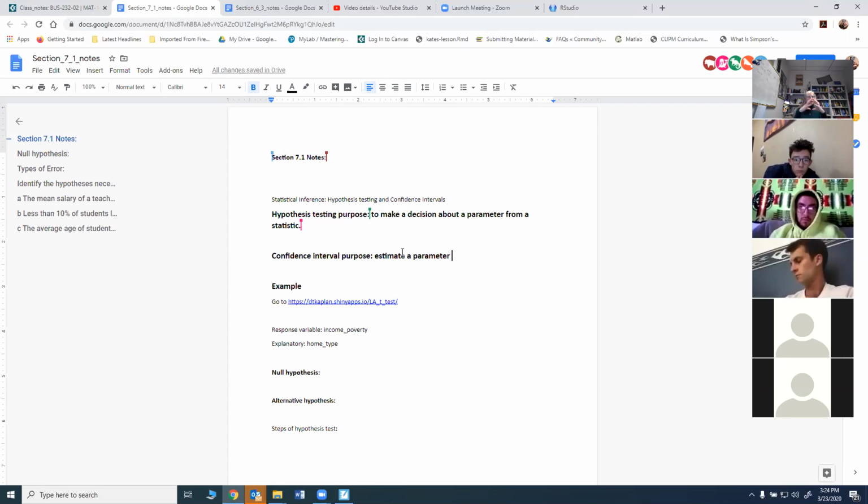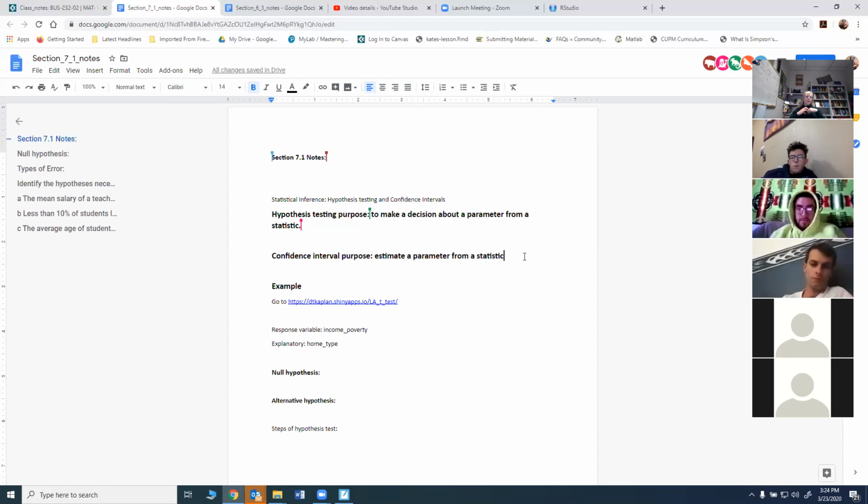Remember, a parameter is a number from a population. A statistic is a number from a sample. So we're going to take our little tiny sample to tell us what the big one's doing. And a confidence interval's purpose is to estimate a parameter from a statistic. So that's really the whole purpose behind these two: one is to just make decisions about it, and a confidence interval is actually just to estimate.